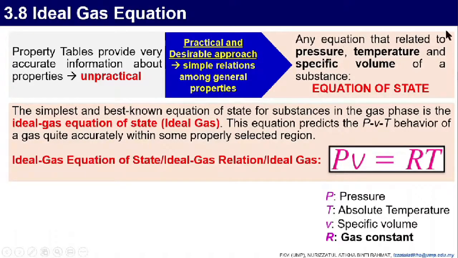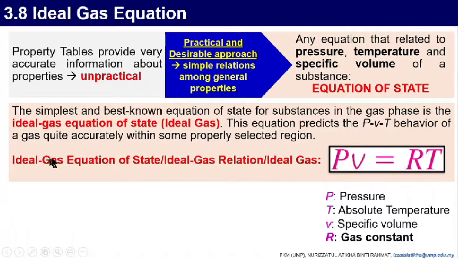Any equation that relates pressure, temperature, and specific volume of a substance, we call an equation of state. The simplest and best known equation of state for substances in the gas phase is the ideal gas equation of state, or we call it ideal gas. This equation predicts the PVT behavior of a gas quite accurately within some properly selected region.